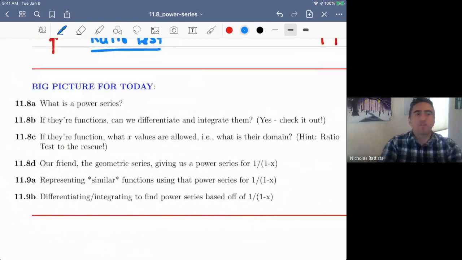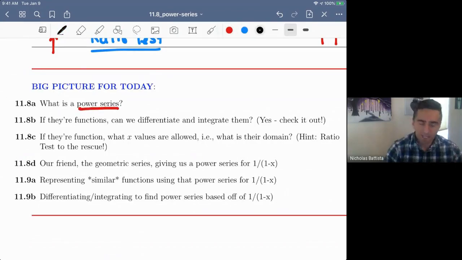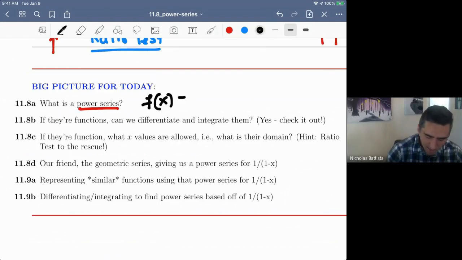So the big picture of what we're going to talk about is that everything is centered around this idea of what a power series is. Without getting into it too much, we can think of a power series basically as an infinite series, except an infinite series in which we now think of it as a function of x.